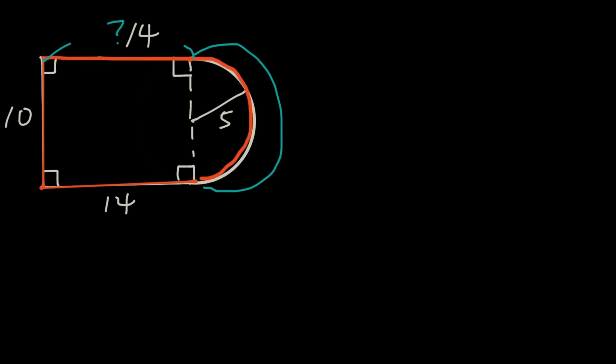Now we need to find half the circumference of the circle. From this figure, we see that the number 5 is the radius.